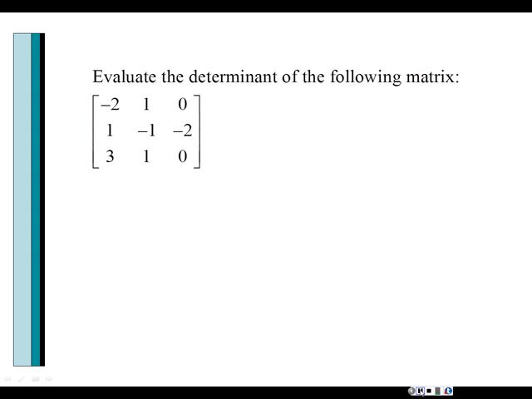When we take 3, we will eliminate this column and this row. So whenever you are taking an element from the first column, you'll be taking all the 3 elements from the first column. You'll be eliminating the row and column of that element. And you'll take the rest as a 2 by 2 matrix, and then you'll find the determinant for that matrix. So let's write the 3 by 3 matrix here.